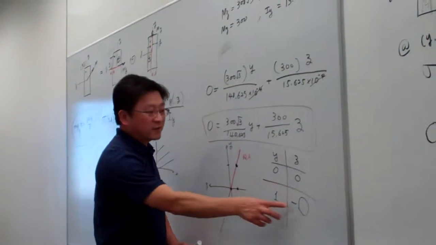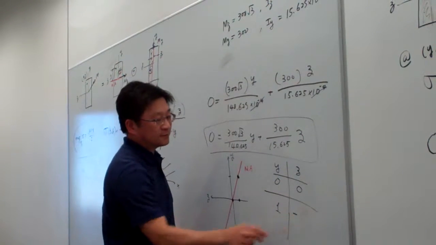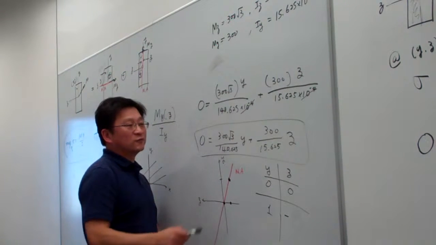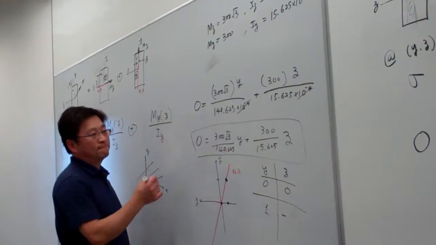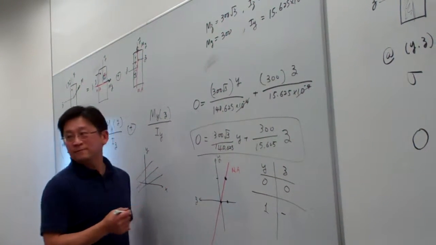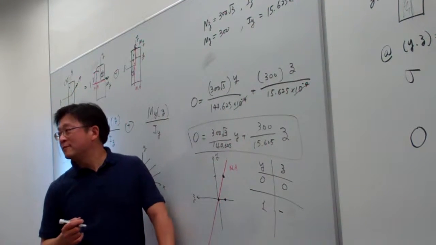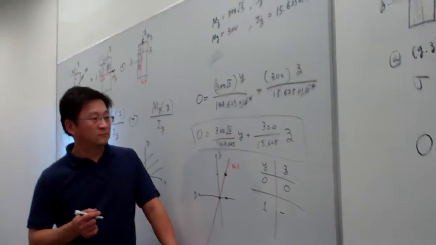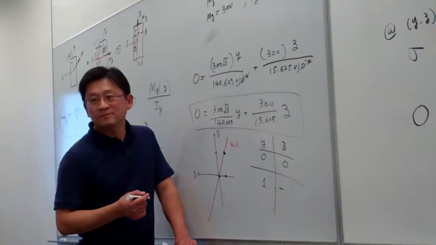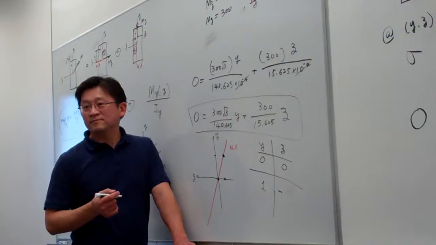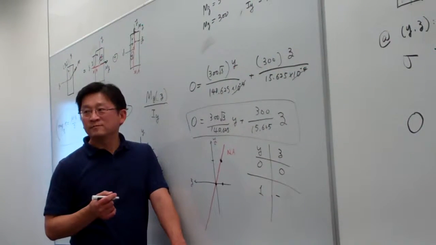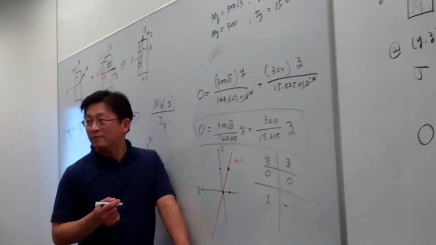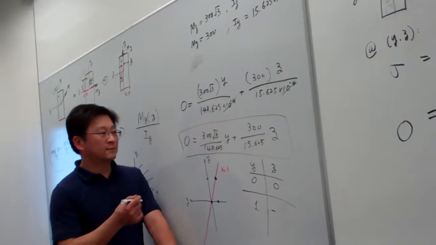Can anyone calculate this number for me? What is the value of z when y equals 1?